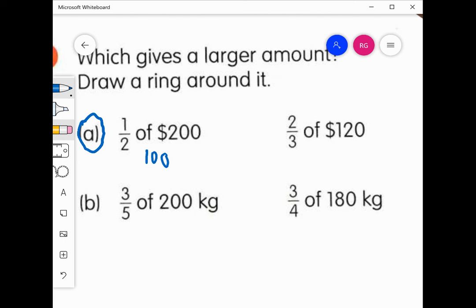Okay, so I'm going to select A. All right, and then for B, it says 3/5 of 200 kilograms, so that's like 60% or 60. So this is going to be 3/4 of 180. I think that's going to be the bigger amount there. So let's circle 3/4 of 180 kilograms.